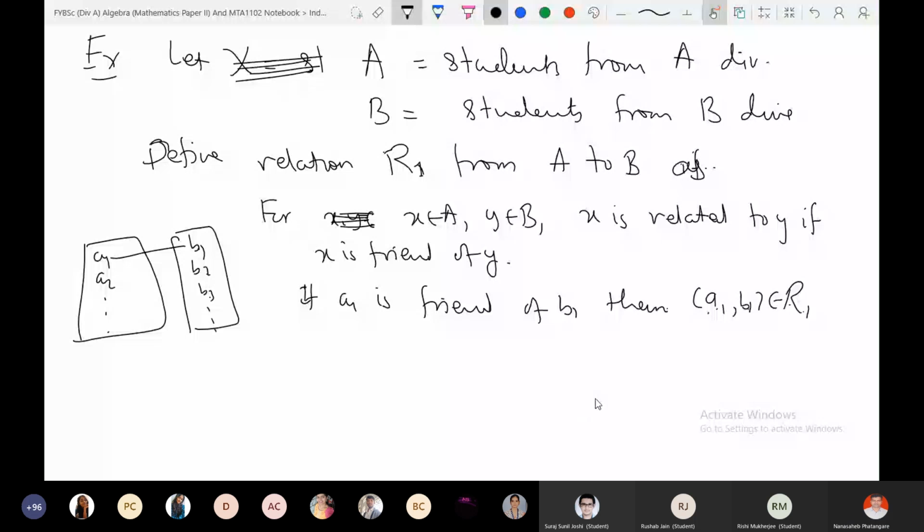Fine. Let me define relation R2 from A to B. Again I am taking the same sets, but my relation is new and different.